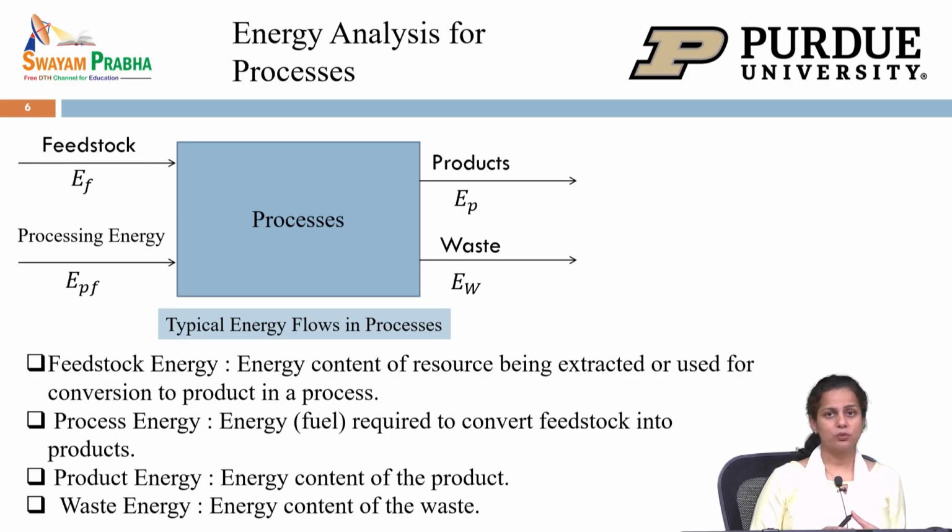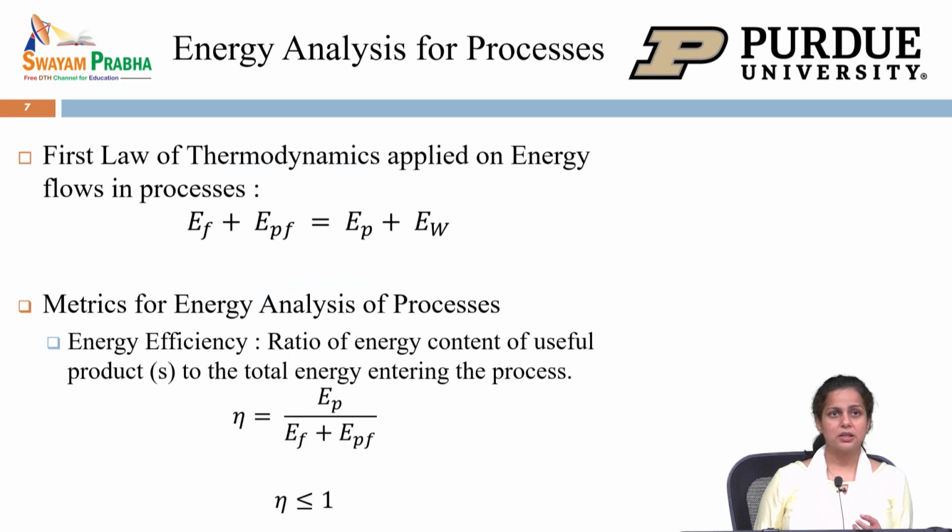Once we have quantification of all of these flows, we know that energy can neither be created nor destroyed in the process. So, from that we will have the first law of thermodynamics used to actually test whether your process is following the first law of thermodynamics or not, which means that your energy input should be equal to energy output.